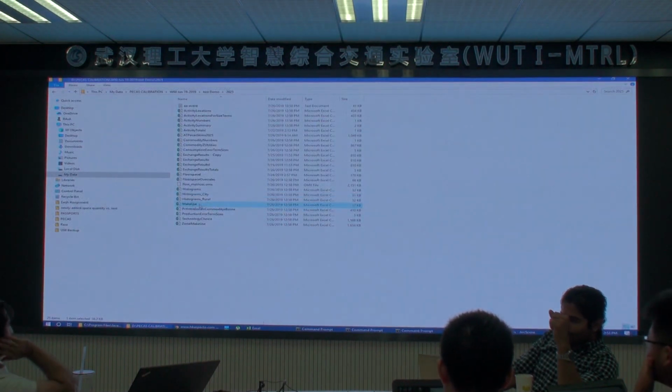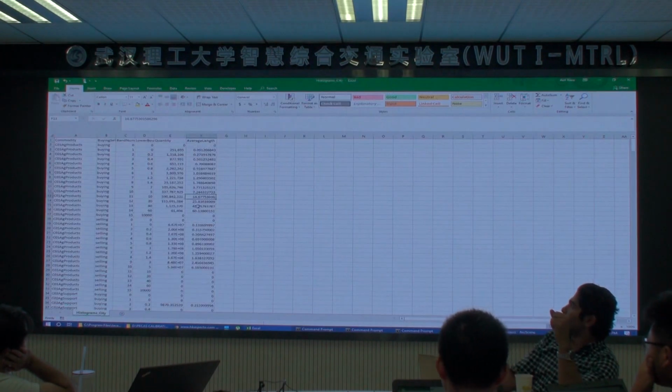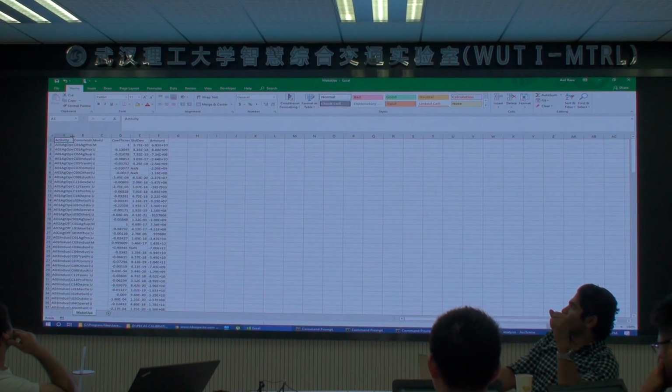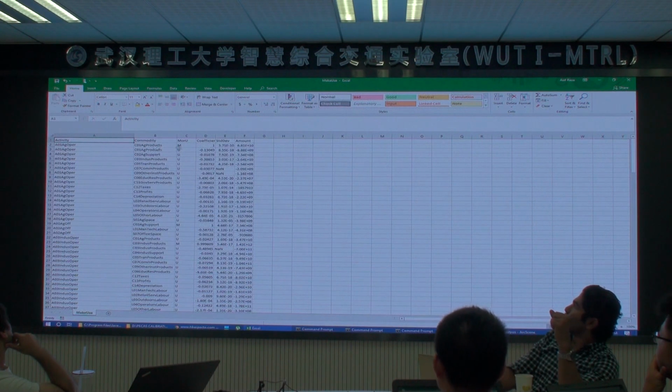The make use file is also an output file, which actually gives you, for each activity, how much commodity is consumed and made by each of the activities.